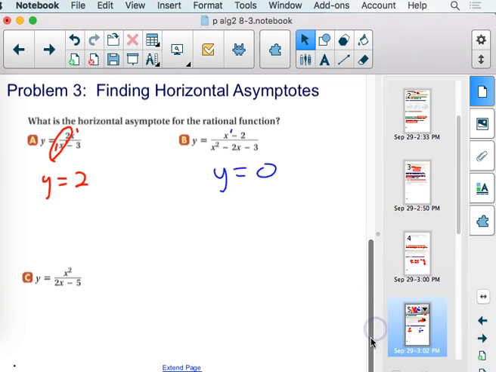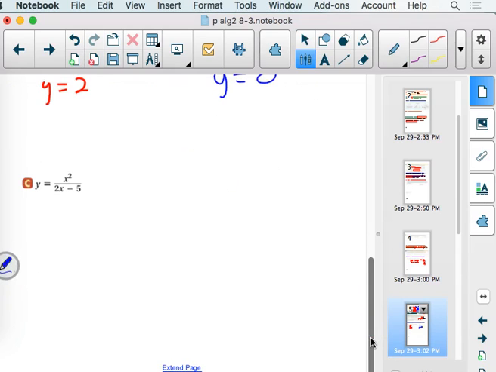Down to C. That's a 2, that's a 1. If the degree of the top is less than the degree of the bottom, then it's y equals 0. If the degree of the top equals the degree of the bottom, then I do the little fraction thing. No. If the degree of the top is greater than the degree of the bottom, then I don't get one. I don't get one.